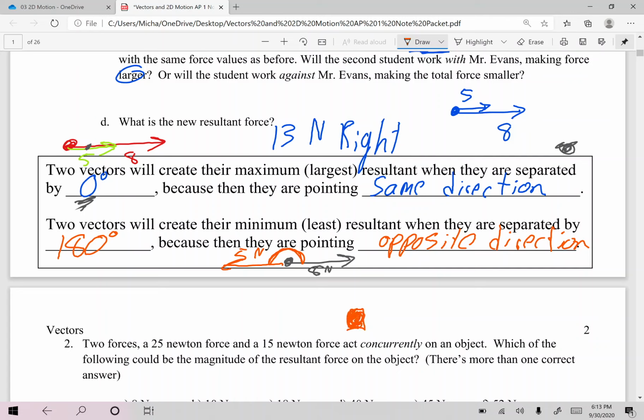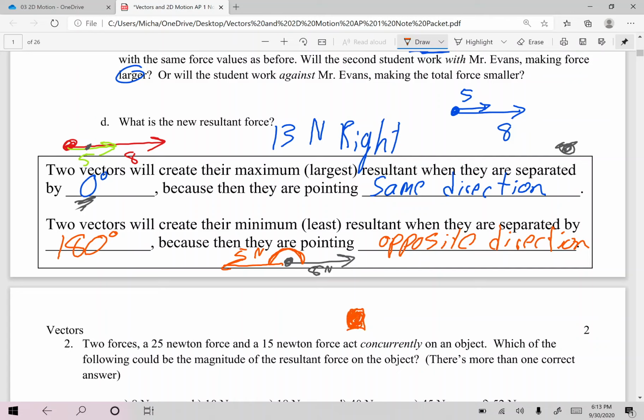You'll never have 25 and 15 add up to something more than 40 because they just can't make anything that big. They'll never add up to something smaller than 10 because they just can't make anything that small. But anything within this range can be made, at some strength, at some angle between 0 and 180. So again, we have a maximum, a minimum, and then a whole range in the middle.